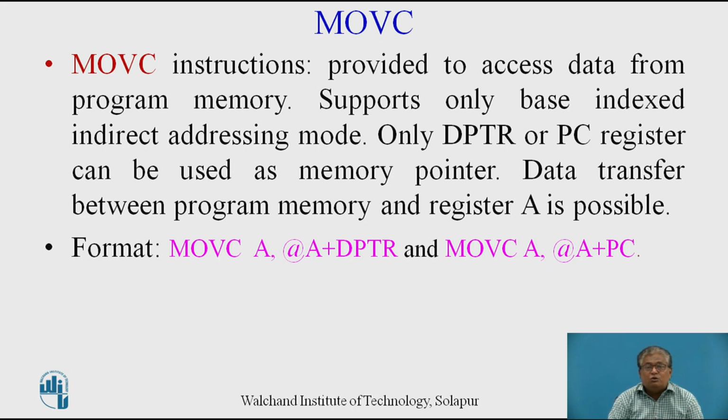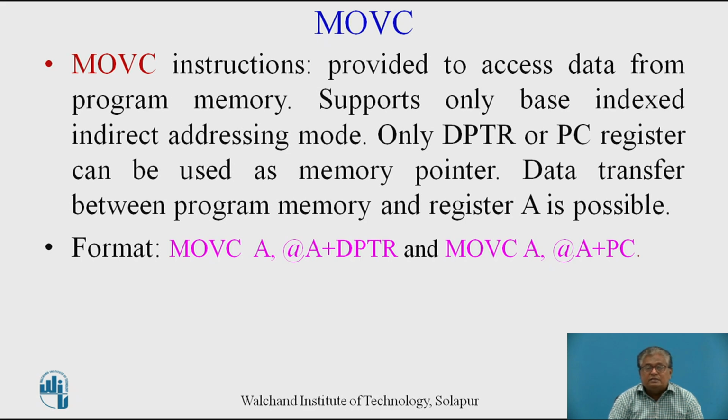It supports only base indexed addressing mode, and only the data pointer register or program counter register can be used as a memory pointer. Data transfer between the program memory and register A is possible, and the format for MOVC instruction is MOVC A, @A+DPTR.